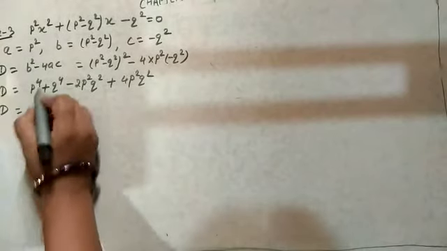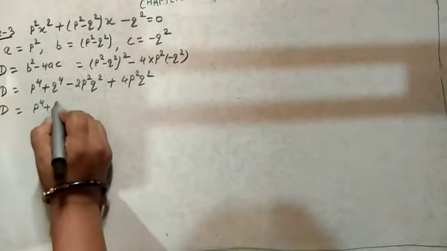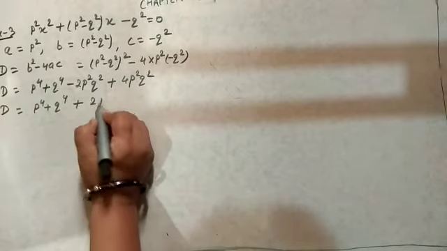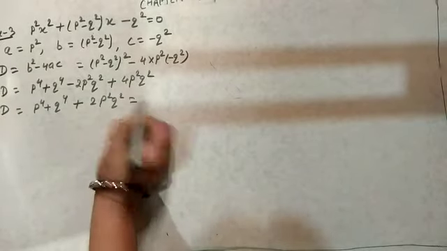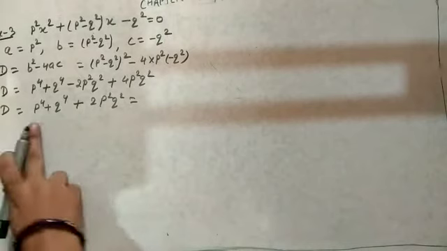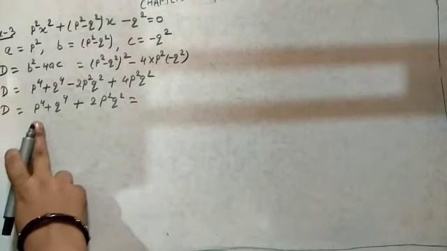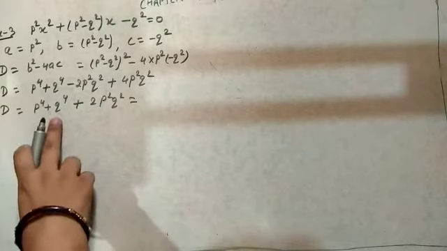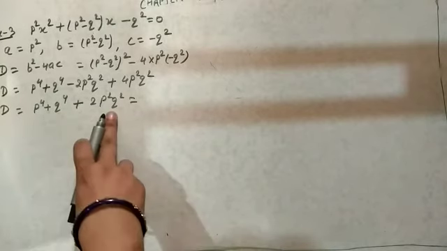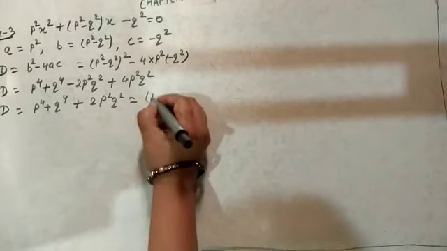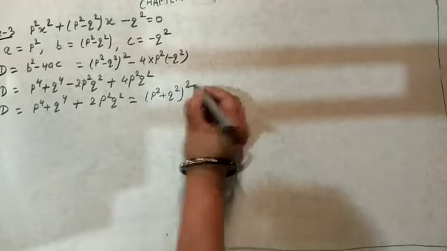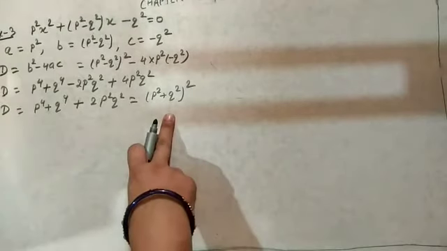So D = p⁴ + q⁴ + 2p²q². So here you can see again this is in the expansion, (p²)² + (q²)² + 2 × p²q². It can be written as (p² + q²)². So this is the value of D.